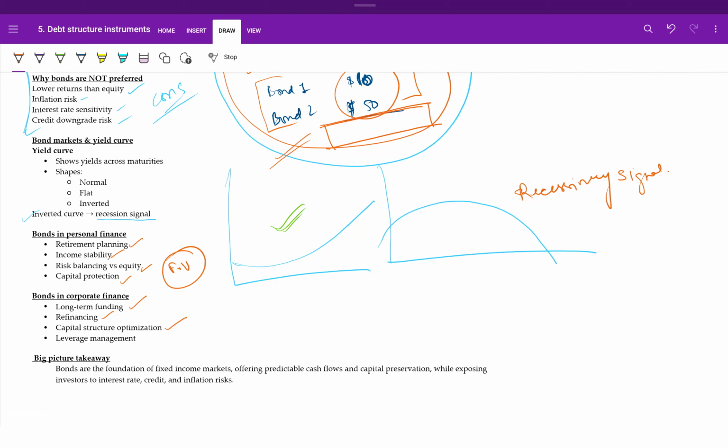If you are using WACC, you know that with the usage of debt, there is optimization of capital structure and leverage management. It also helps with taxes, because these are debt securities.